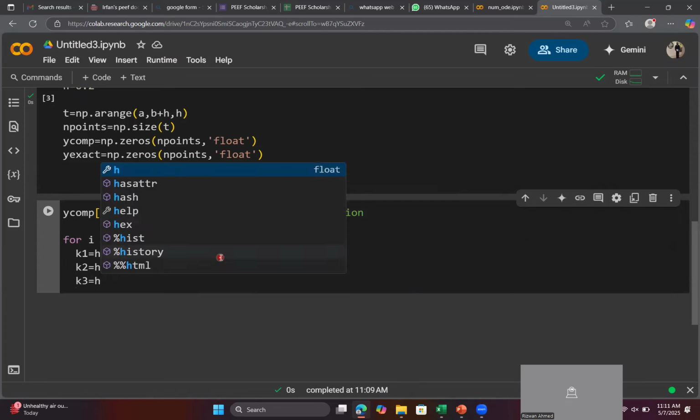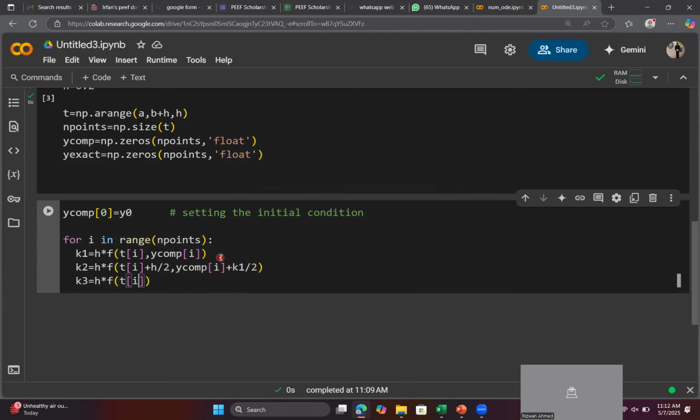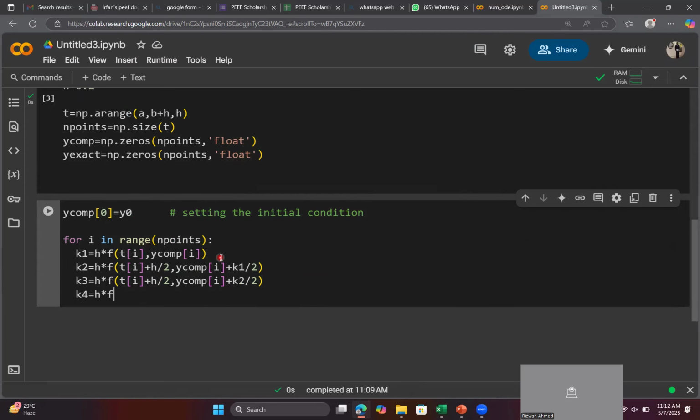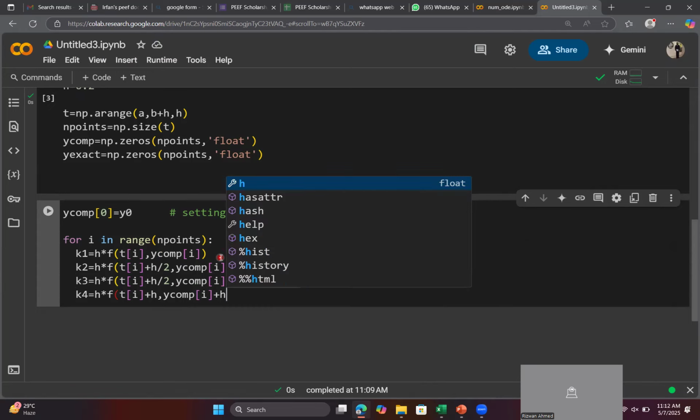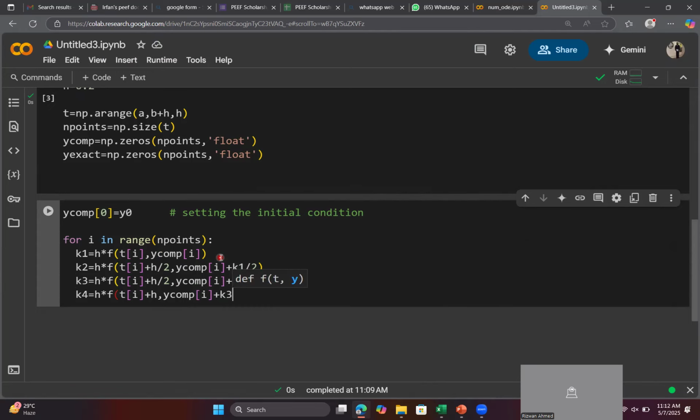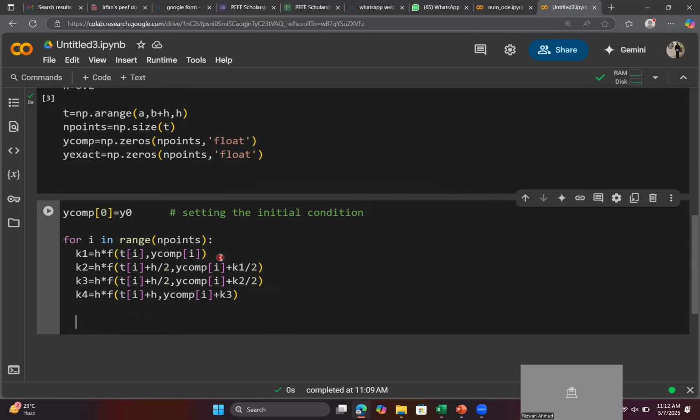This is H times f of Ti plus H by 2 and y computation I plus this time K2 by 2. And the last K4, it is H times f of Ti plus H and y computation of I plus H. No, not H. It is with the K3. So 4 Ks have been calculated, right?